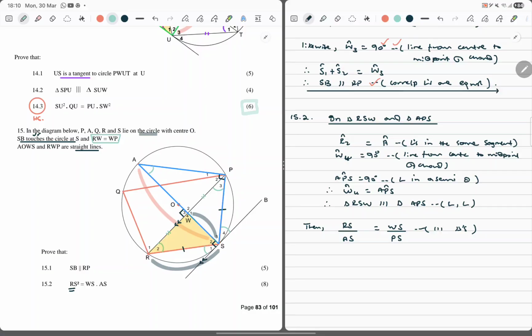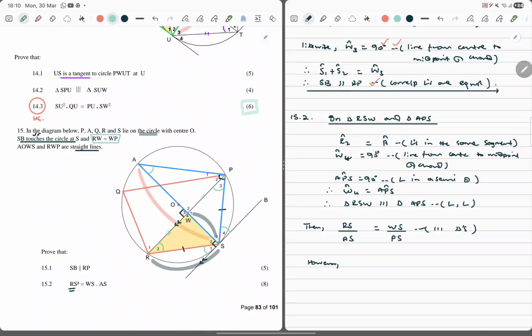Now, what do we know, guys? We know that, however, we have somehow proven that these two angles were equal. I don't know if we spoke about them, did we?